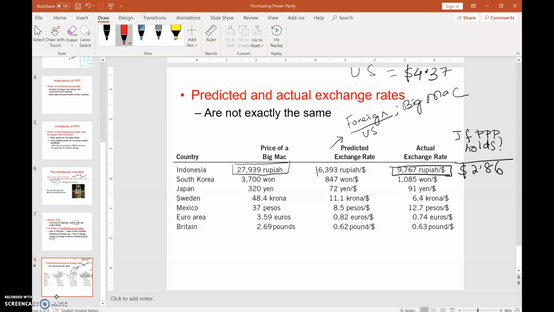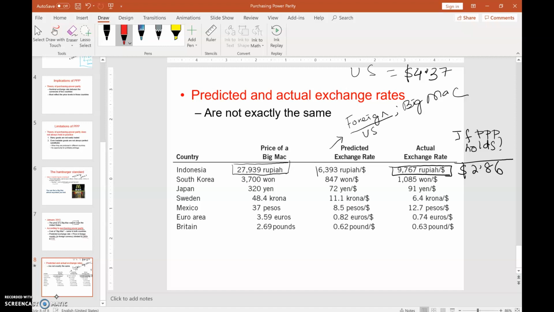Now look at this slide very carefully. I have 7 different countries with the local price given to me, from Indonesia all the way to Britain. I have a predicted exchange rate and an actual exchange rate, and I'm going to see that purchasing power parity does not really hold for any of these countries.